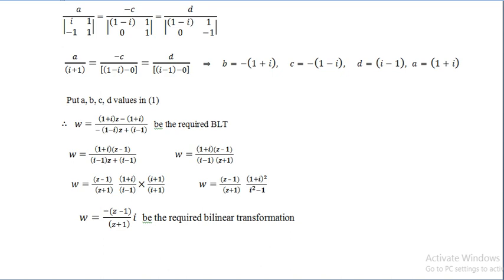So multiplying i minus 1 by i plus 1, the opposite sign of the denominator. Then after multiplying, the numerator becomes (1 plus i) whole square. I minus 1, i plus 1 becomes i square minus 1 square. So after simplifying, we will get w as minus of (z minus 1) divided by (z plus 1) into i. So which is the required bilinear transformation.